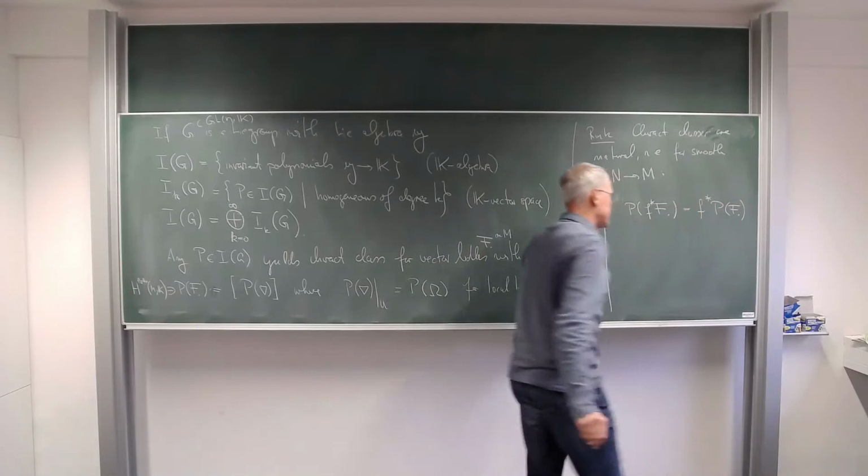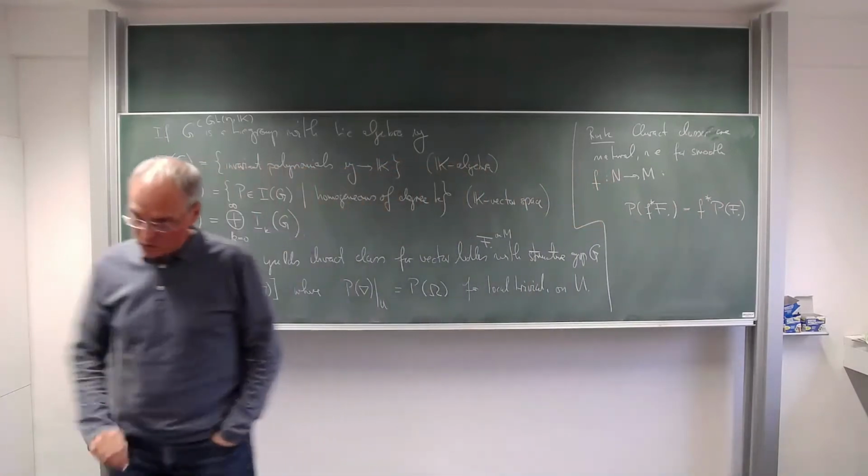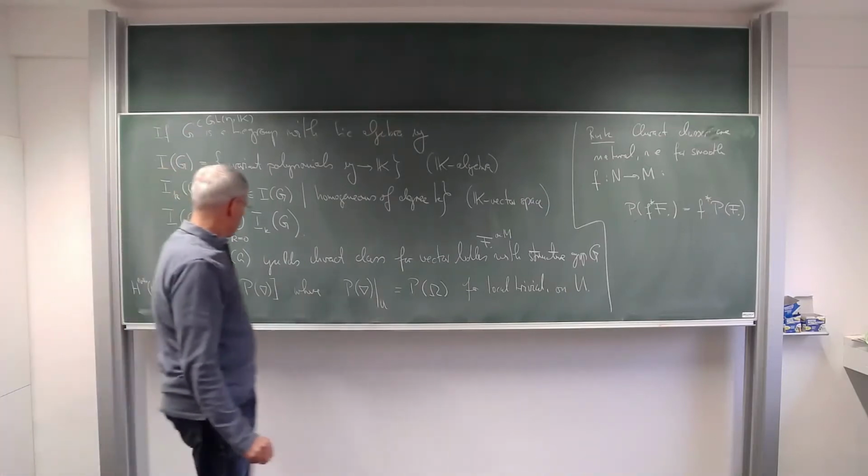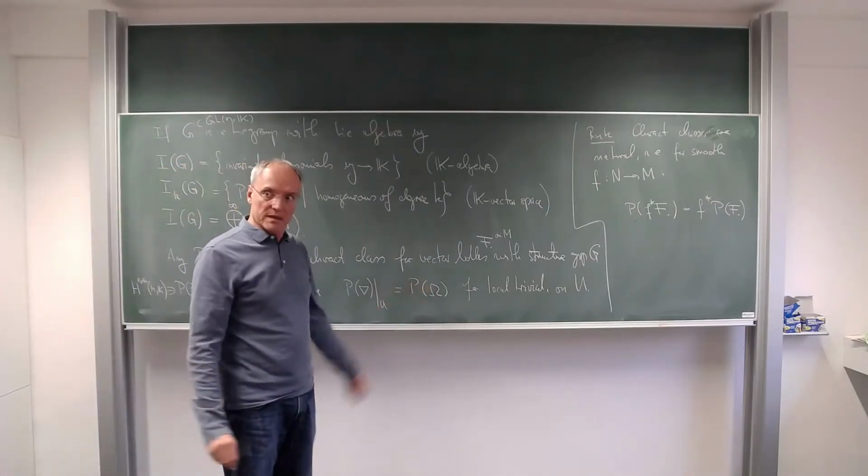So that's the naturality condition. True for all characteristic classes by construction, because if you pull back, then the curvature also pulls back, essentially, that's the reason.